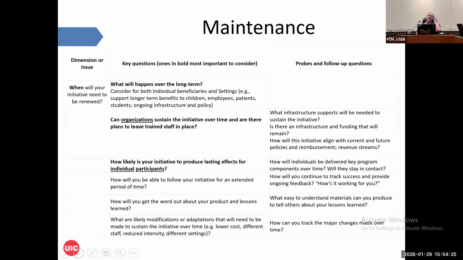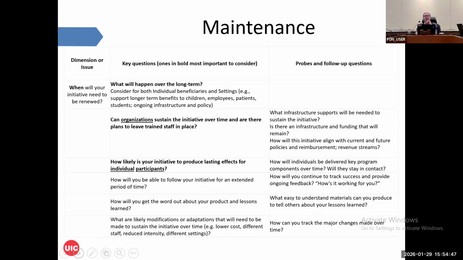And then, as I said at the beginning with REAIM, I think maintenance is where it's better than CFIR. CFIR doesn't really focus on the maintenance, and so REAIM, I think, is better in this regard. So what will happen over the long term?